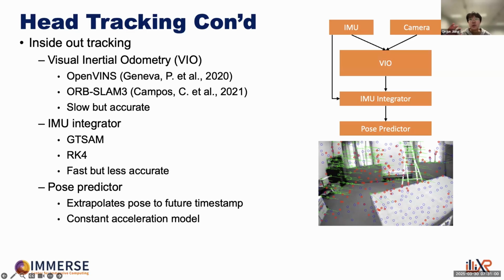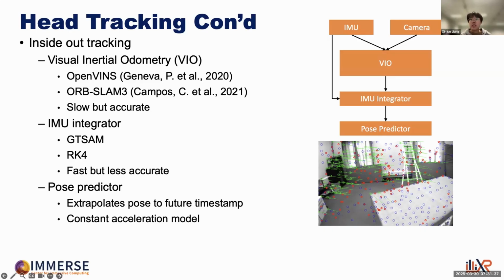There are different models of doing the pose prediction, and one common case is the constant acceleration model, which is pretty convenient and also cheap. The idea here is that we assume the user's acceleration will not change in a short time span, like the next 10 milliseconds. So we can make use of the user's most recent pose and also the user's acceleration, which we can obtain from the IMU readings, to predict the user's pose in 10 milliseconds or some other shorter time in the future.